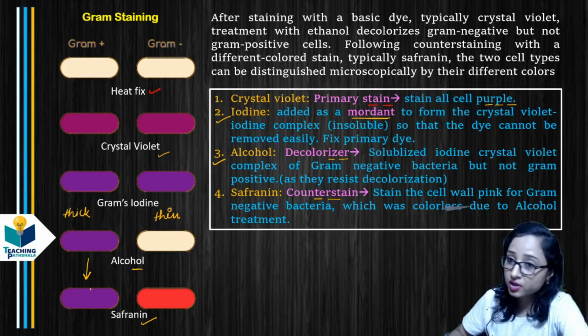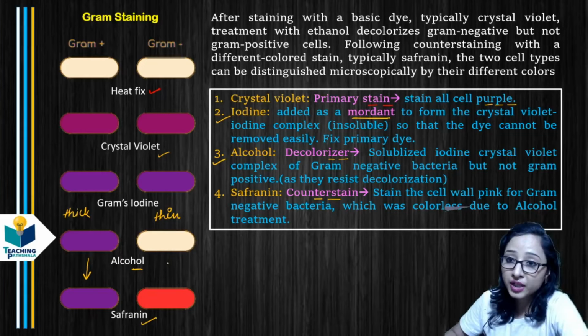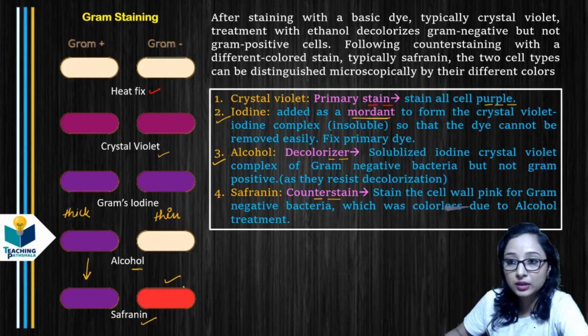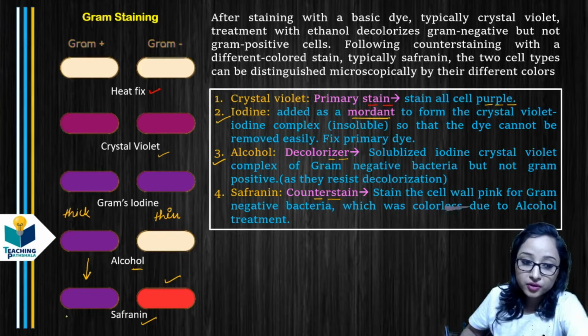That is why it is going to resist the safranin application. Whereas the gram negative bacteria has no color in its cell wall, and hence it is going to accept the safranin, and this gram negative group is going to show the pink color. And in the last step we get this, a purple color, and this is pink.